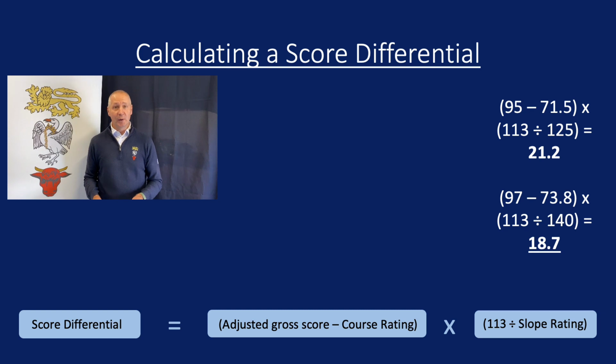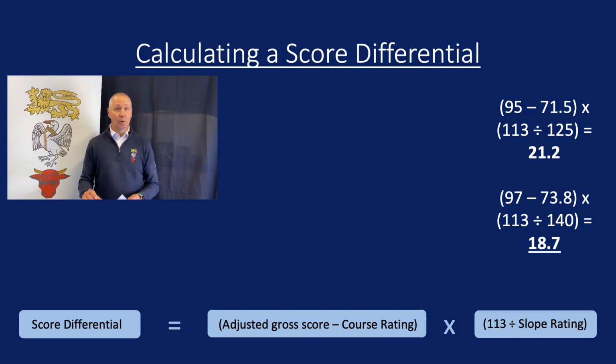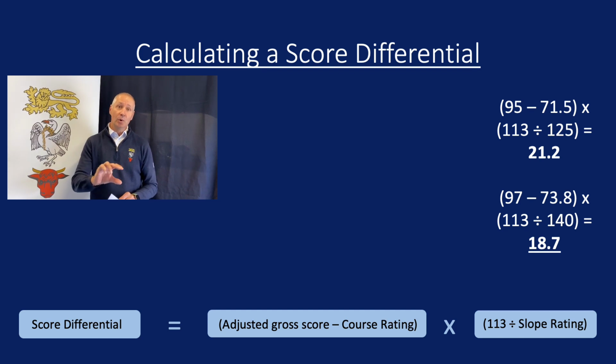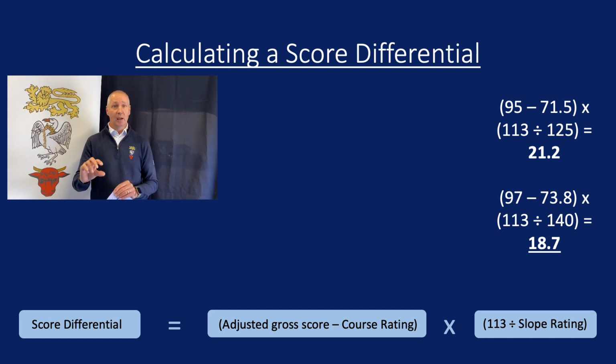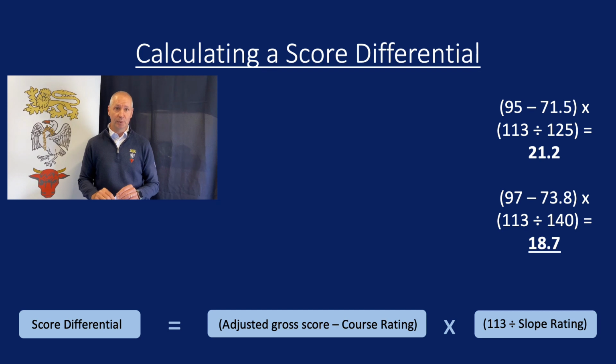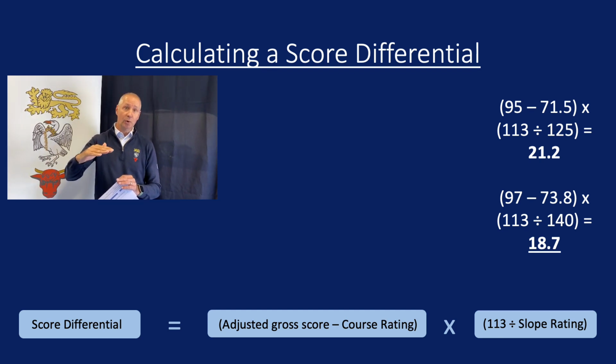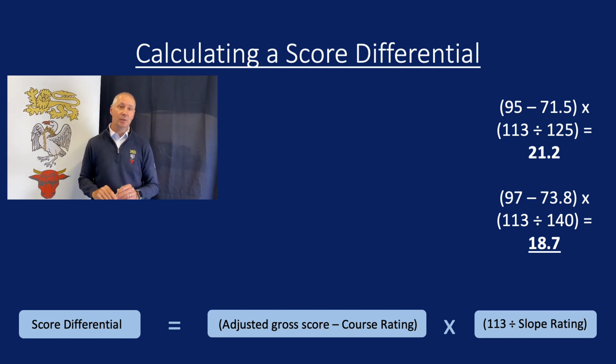You'll see score differential used quite a lot. Score differential is your score minus the course rating for your handicap. The way in which we calculate this is we take your score after adjustments, we deduct the course rating of the golf course, and that then gives you a score differential between your score and effectively the standard scratch of the golf course.